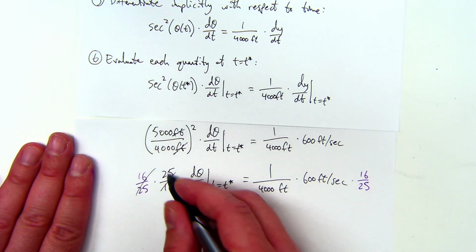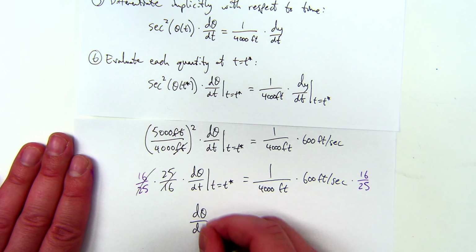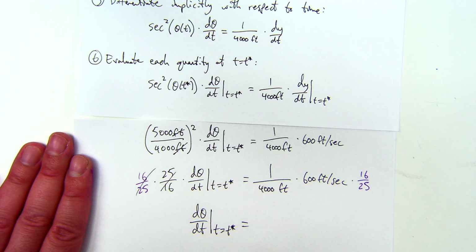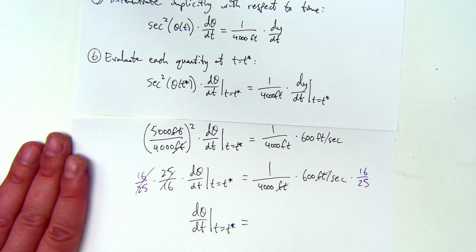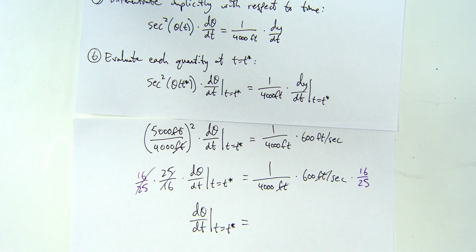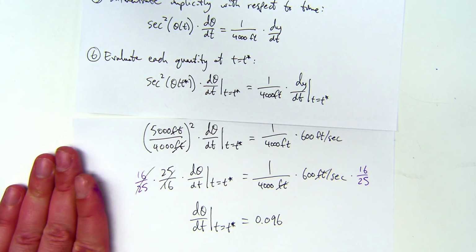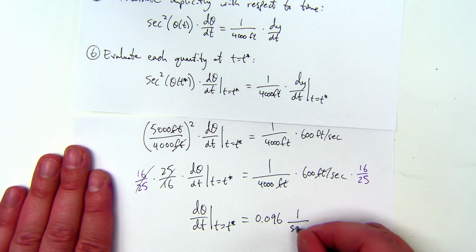The number multiplied by its reciprocal is 1, and we get d theta dt at t equals t star is, and let's see, if we multiply this together, I believe what we end up with is 0.096, and if you keep track of the units, what you're left with is 1 over seconds.